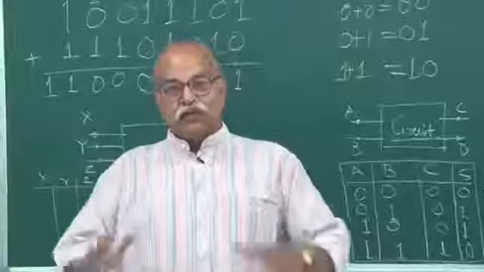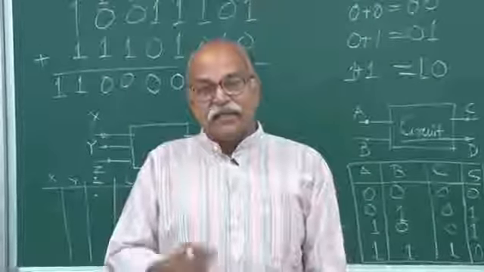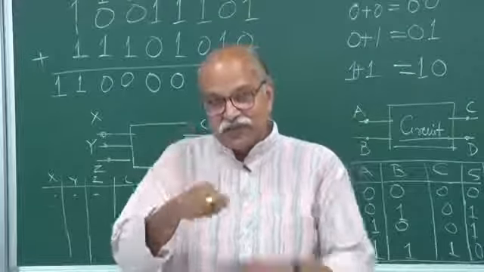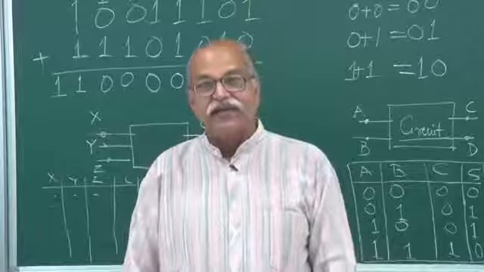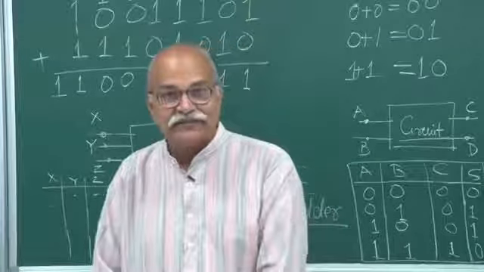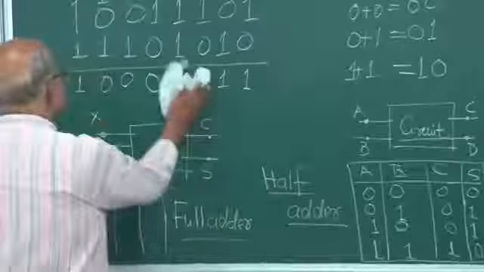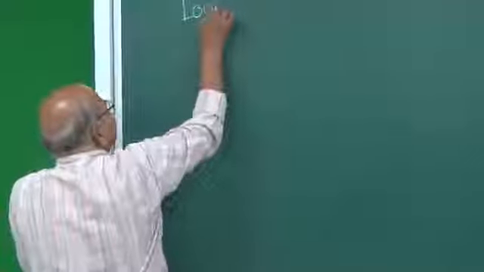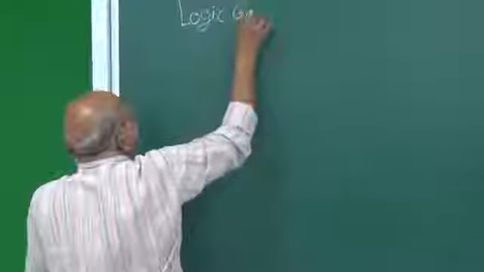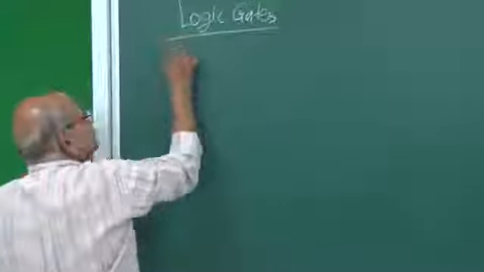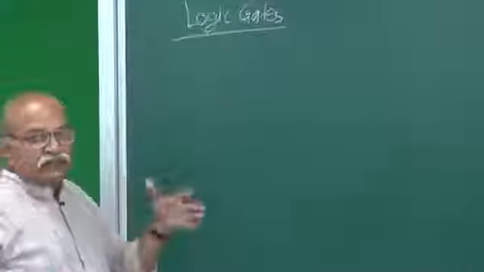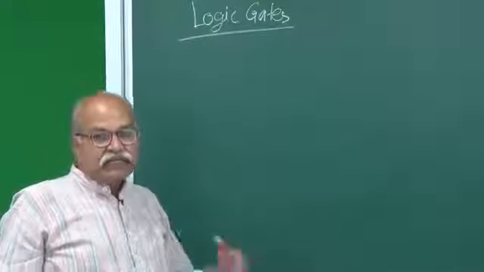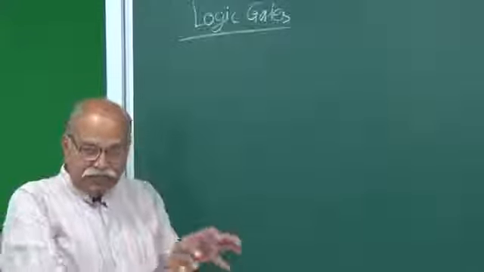Now, to design such a circuit, the basic blocks with which you design complicated circuits are called logic gates. These are themselves digital circuits, and there are several of them I will describe, and these are taken as the basic blocks.